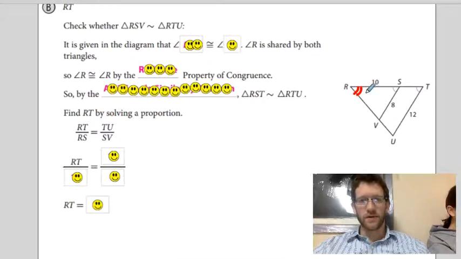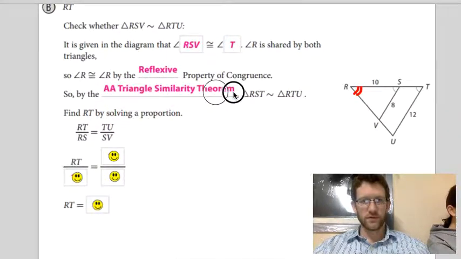Reflexive property. So therefore, the two triangles are similar, and therefore the ratio between the sides must be preserved. So we've covered that. Okay. So our two triangles are similar.